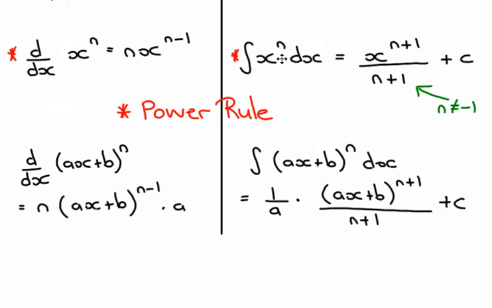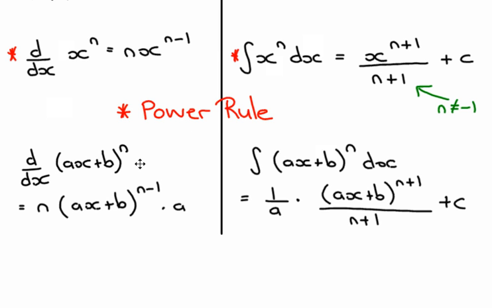With the integral of a power, instead of subtracting 1, we add 1, and we divide by the new exponent. That's just to take away the exponent that ends up coming to the front. We want to take it away. And we add our constant of integration. Just remember that your denominator cannot be 0, so your n cannot be -1.